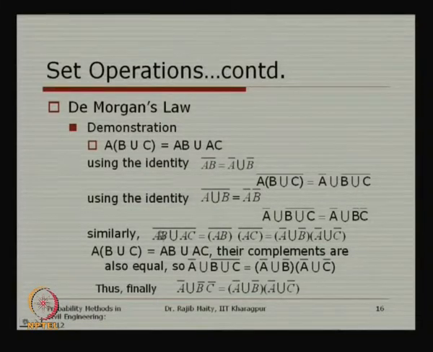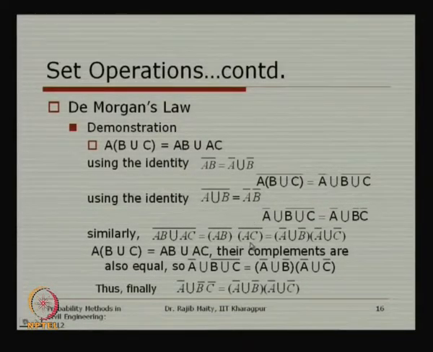Similarly, if I use A intersection B union A intersection C and its complement, this will be equal to, using this identity again, where A intersection B corresponds to A and A intersection C corresponds to B, A intersection B complement intersection A intersection C complement.